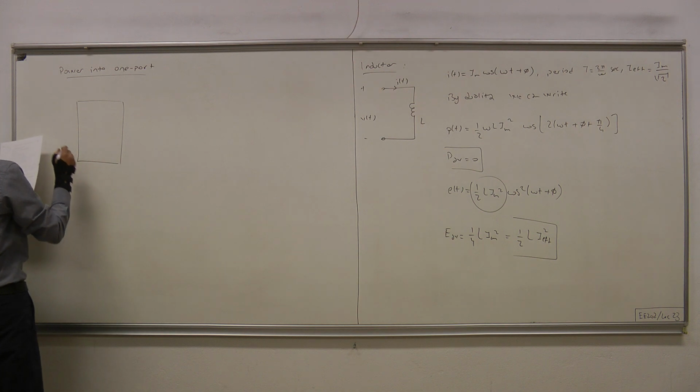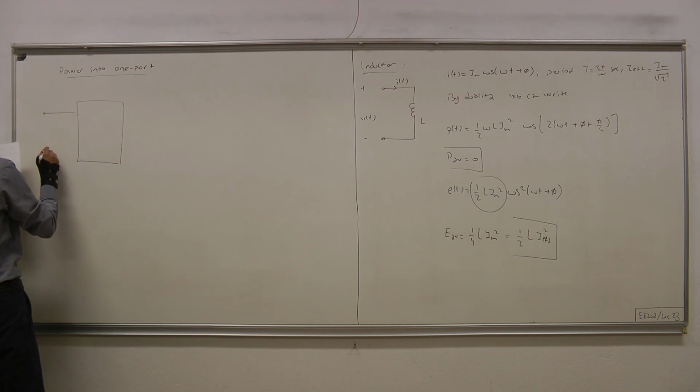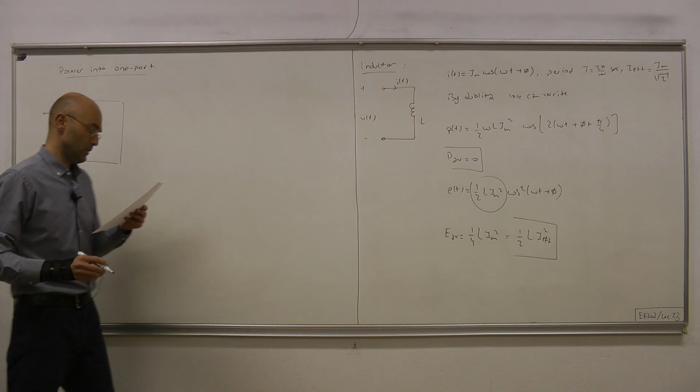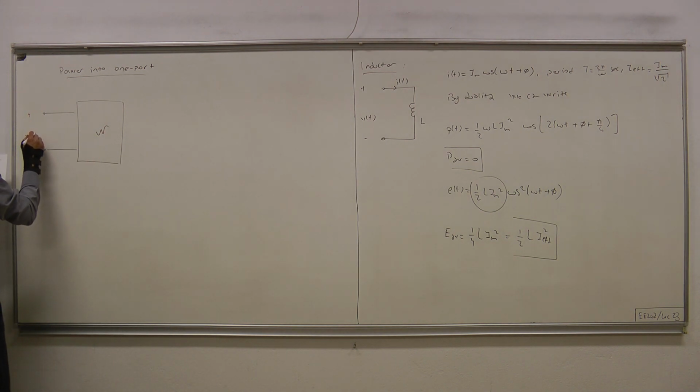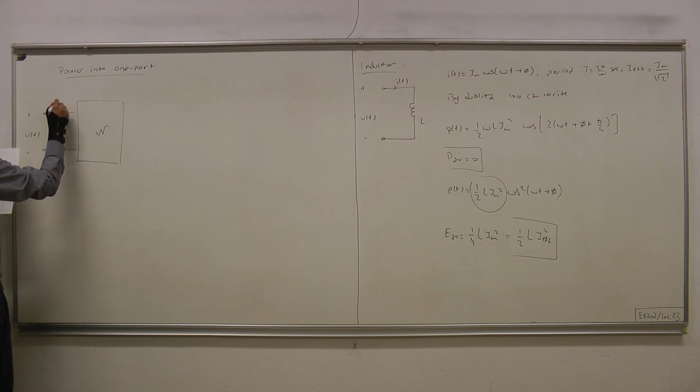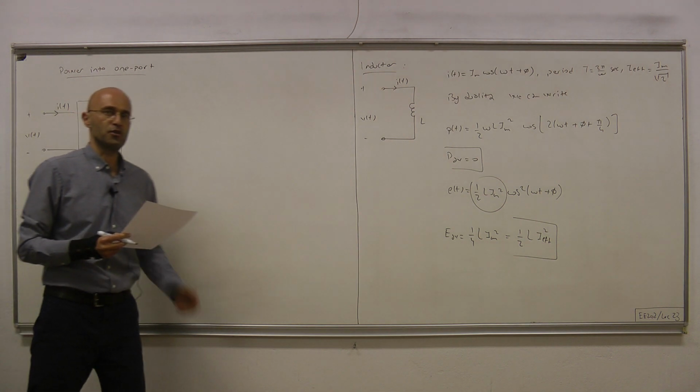Suppose this box represents our one-port circuit, denoted by N. We have V of t and we have I of t, the voltage and the current.